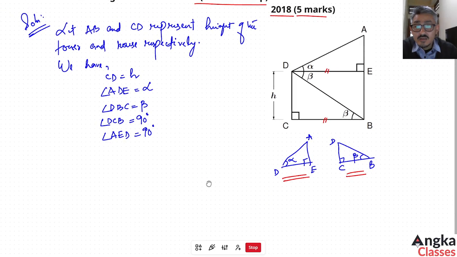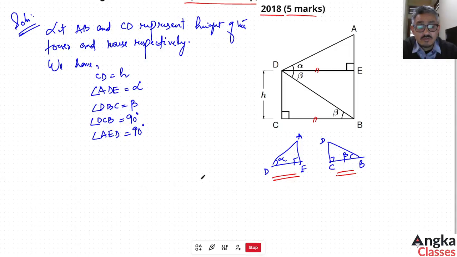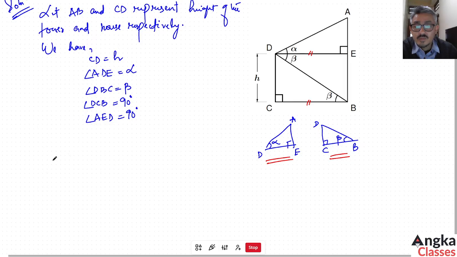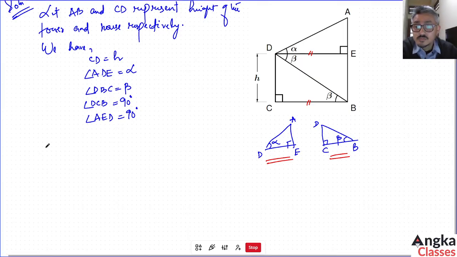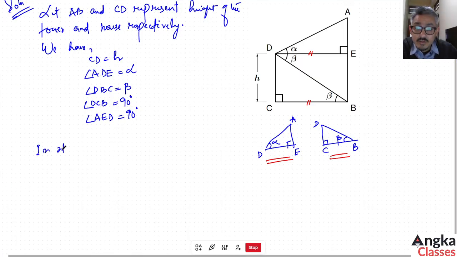Okay, so now let us try and solve this question. First, in right triangle DCB, we have tan of beta is equal to CD by BC, that is perpendicular by base.